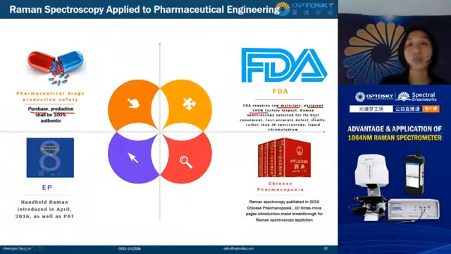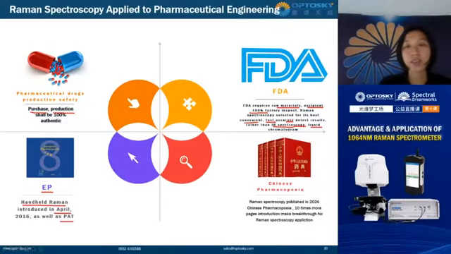So Raman spectrometers are selected for their convenient, fast, accurate detection results, compared with the IR, FTIR, and liquid chromatography. Also the European pharmacopoeias use handheld Raman, introduced in April 2016, also as PAT.